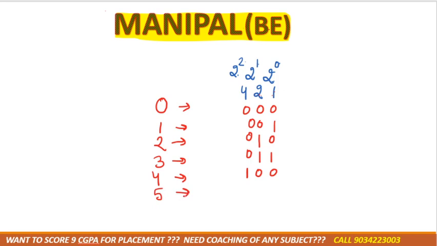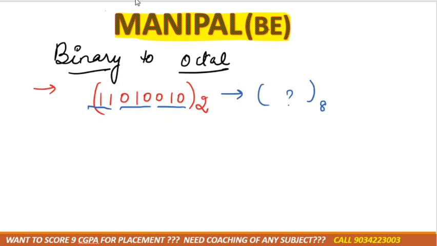Now you tell me for the 5. 5 would be 1, 0, 1. 6 would be 1, 1, 0. 7 would be 1, 1, 1. Now back to the question.